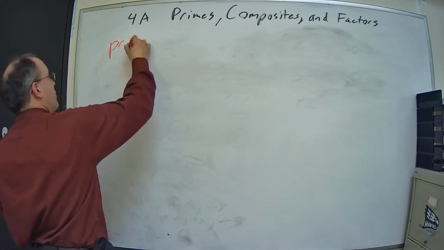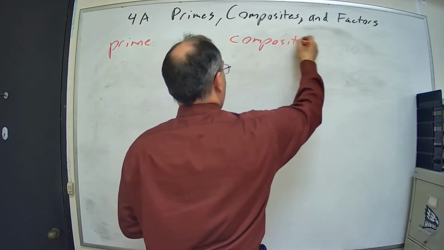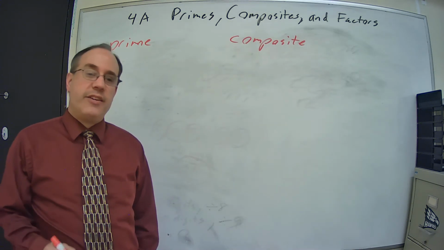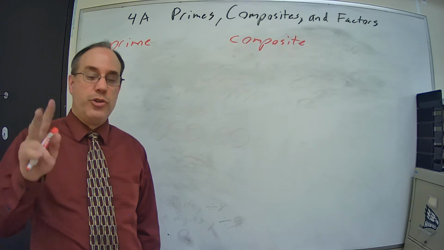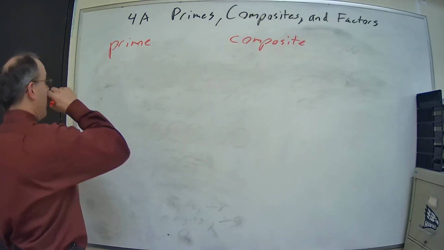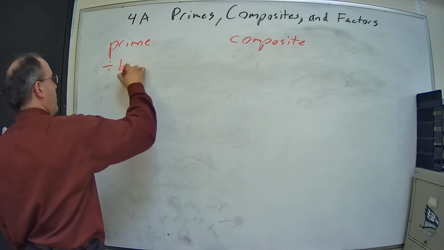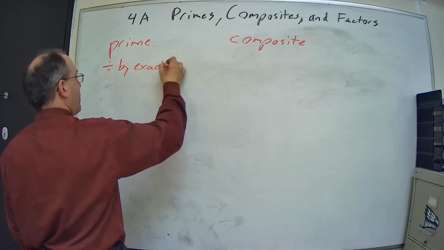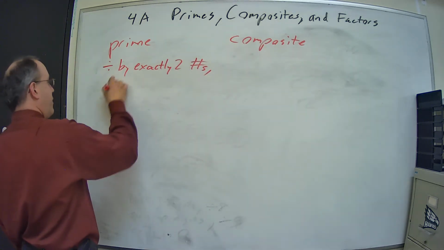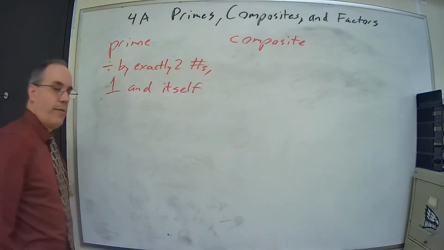A prime number is a number that is divisible by exactly two numbers, 1 and itself.